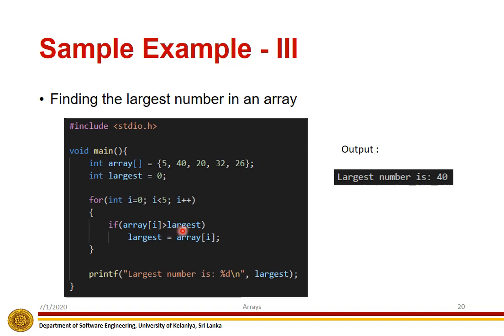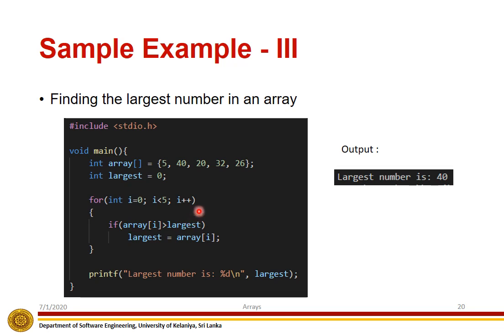Still the largest value is 40. 32 is not greater than 40, so again it will not go in, because the condition is false. Again go to the for loop. Now i is 4. 4 is less than 5. Then array index 4 is 26. 26 is not greater than 40, so it will not go to this statement because the condition is false.